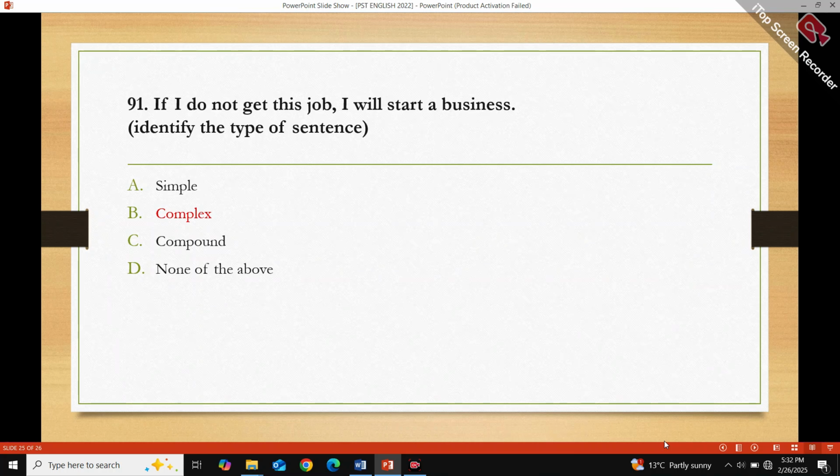So here we have one independent clause, that is "I will start a business." And "if I do not get this job" is a dependent clause, because once if is used, it needs some other part before or after it to complete the reason. That's why it's a complex sentence.